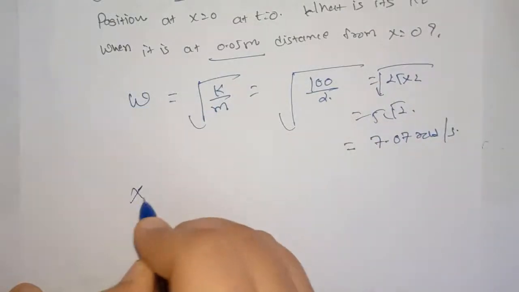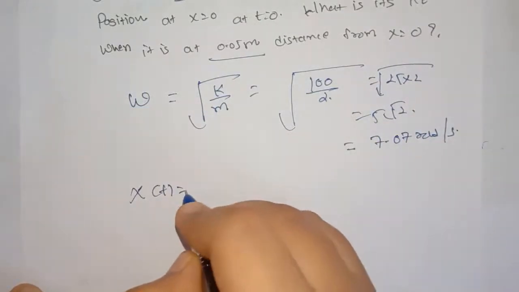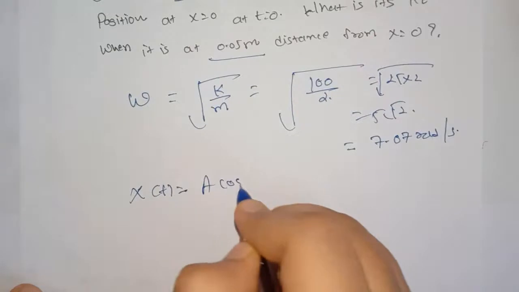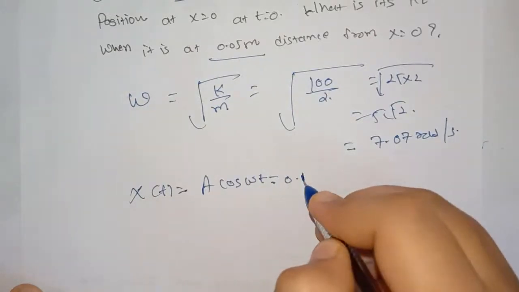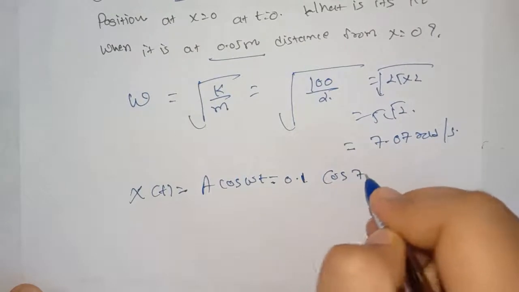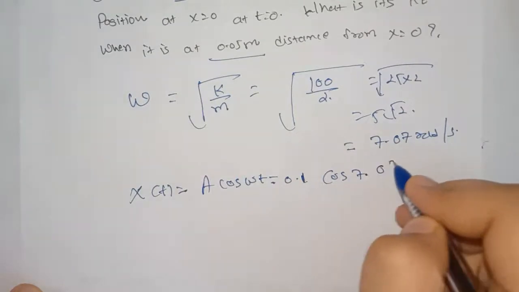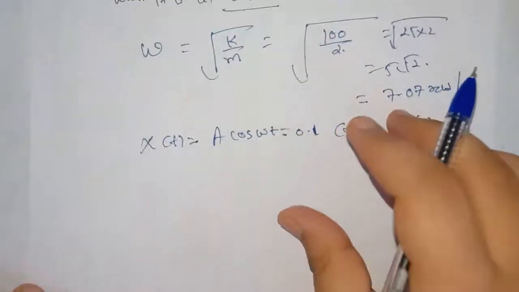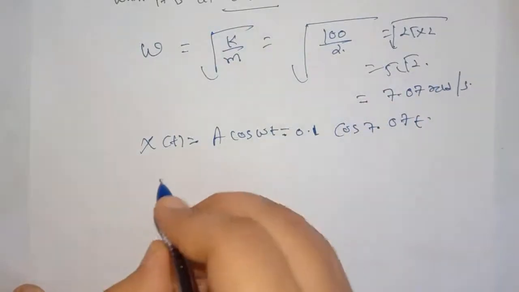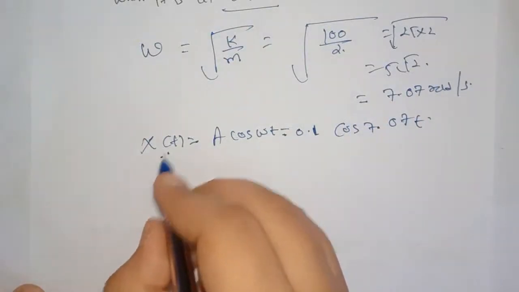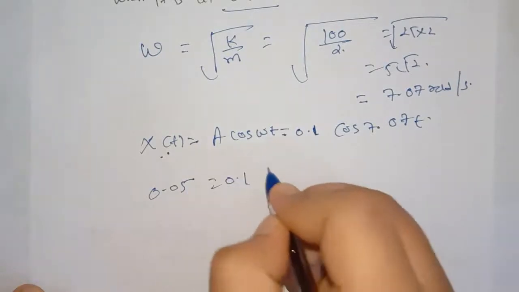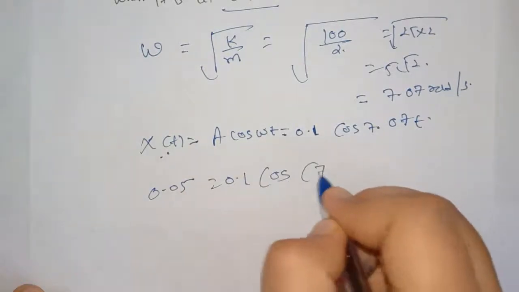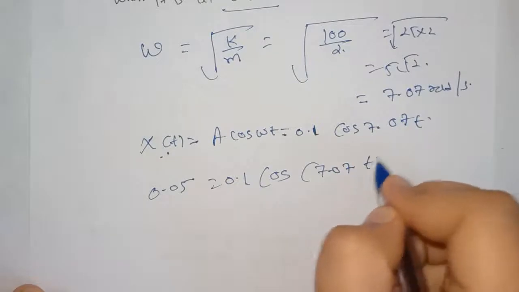Now its displacement at any time, x of t, is A cos of omega t, that is equal to 0.1 cos of 7.07 t. When the particle is at 0.05 meter away, we can write 0.05 is equal to 0.1 into cos of 7.07 t.